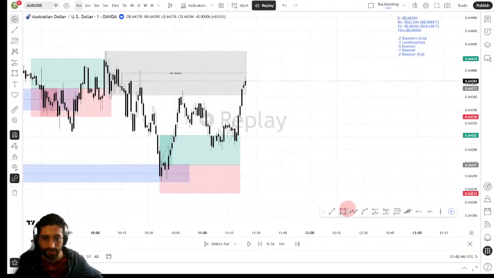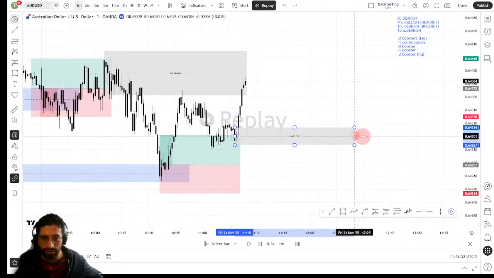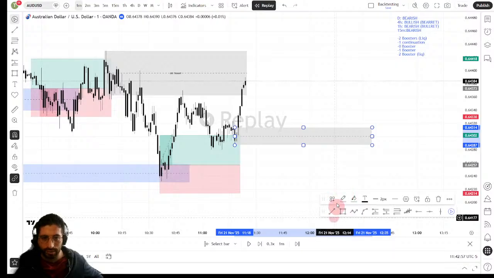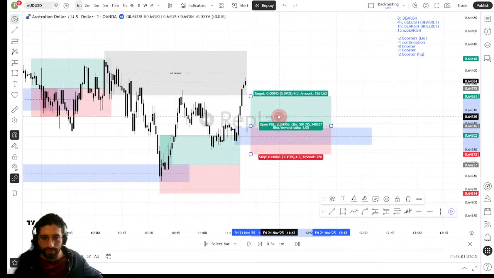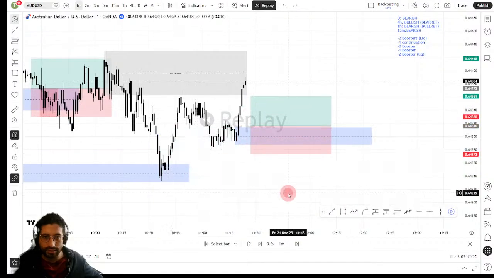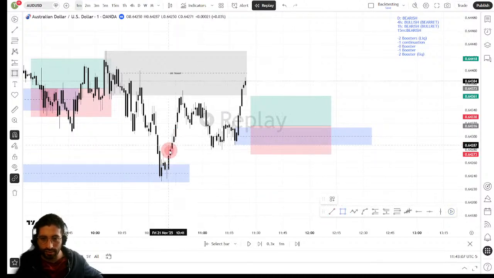Okay, now let me check one thing here, and I see this as a potential entry point. Demand zone. This one here. Okay, let's erase this. This is just an imaginary order, and here I have the order block. Here is the order. Boom.